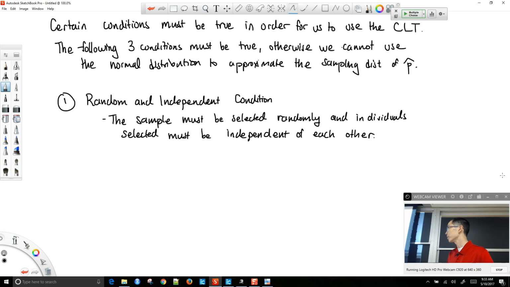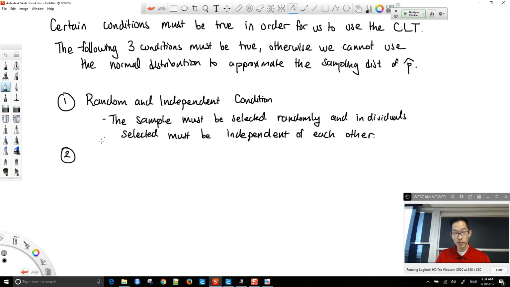So if we're going to try to estimate the proportion of Americans that, I don't know, subscribe to Netflix, when we conduct our survey, we have to select the people randomly. If we select our survey based on some other criteria, like contacting people via an internet survey, that's not going to work out, because that's not going to be random.